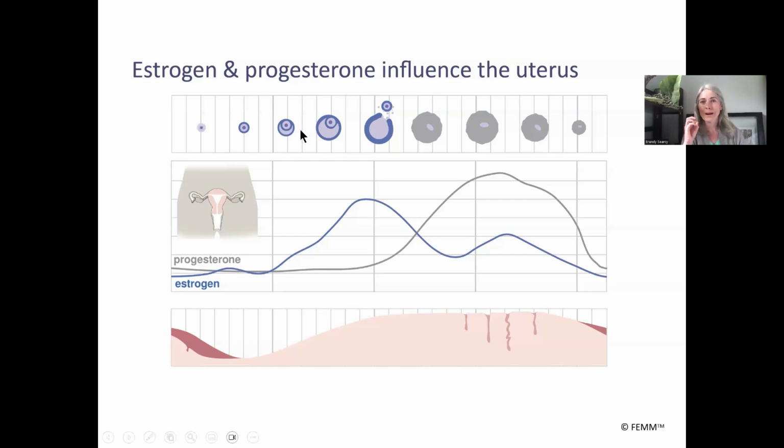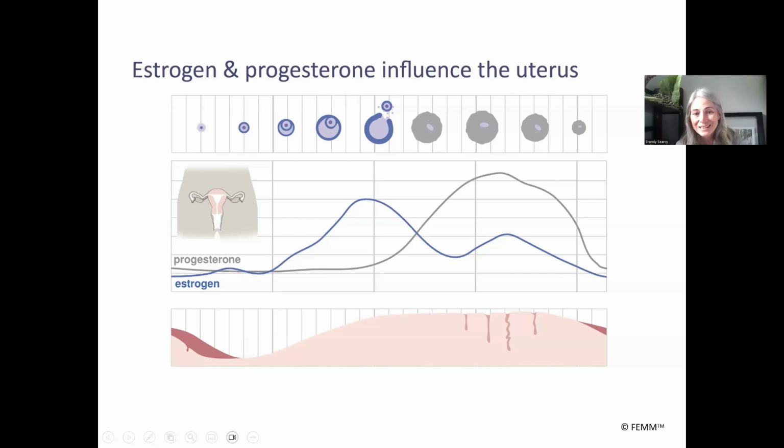That's the one where all of these changes happen. If you're curious what those changes are, I go into more detail in a different program on PCOS. But anyways, all of these changes are happening. That follicle is rapidly growing during this time, and all of that starts even during your period.